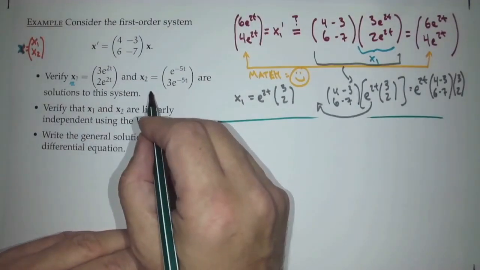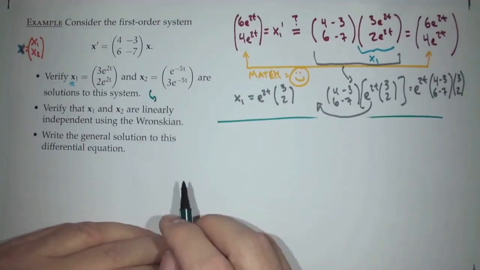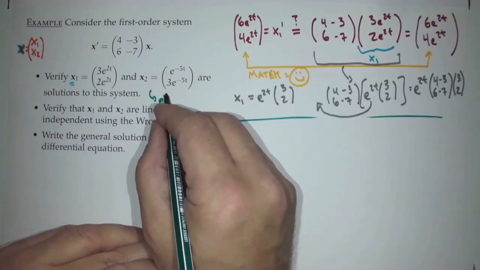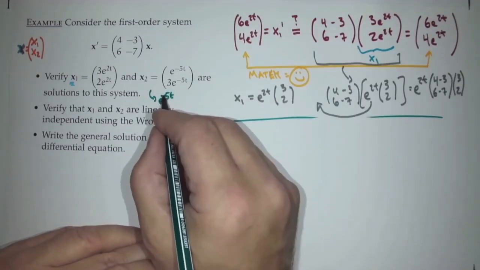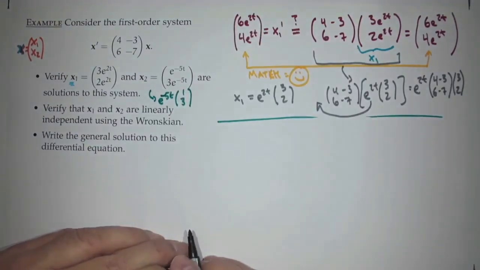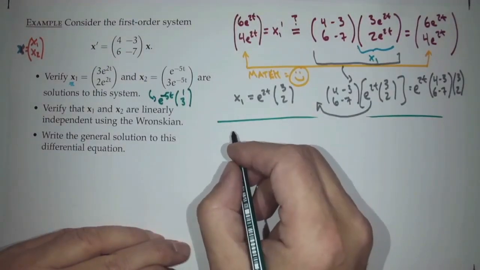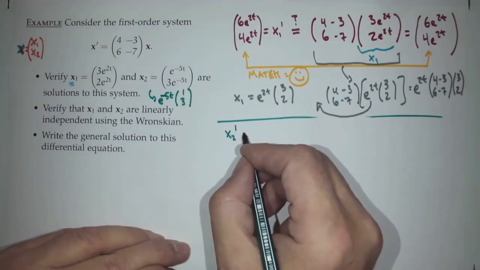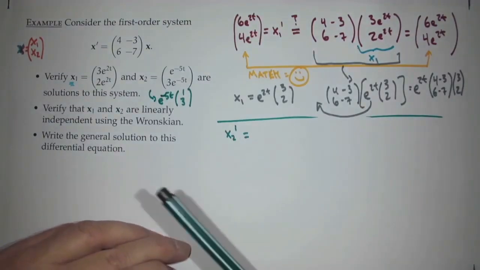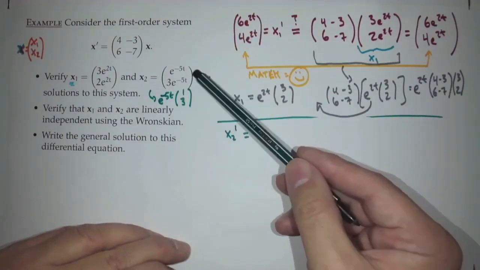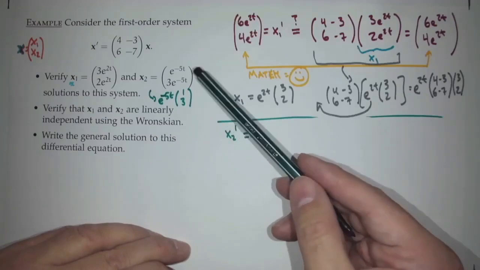So x2, what is common with x2? e to the negative 5t. So we can pull that out. So e to the negative 5t, 1, 3. Okay, so what is x2 prime? Now, we have two ways to think about x2 prime, so we can take the derivative in either case. Which way do you want to take the derivative of?